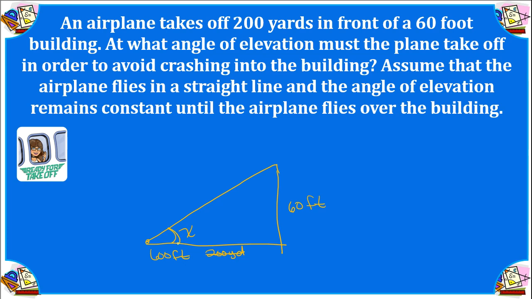So this is our reference angle. We have opposite and we have the adjacent, so that's tangent. So the tangent of some angle measurement is equal to 60 over 600. So we're going to take the inverse of tangent on both sides. And now x is isolated.